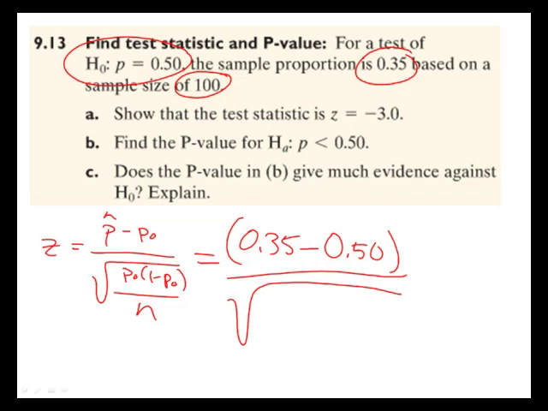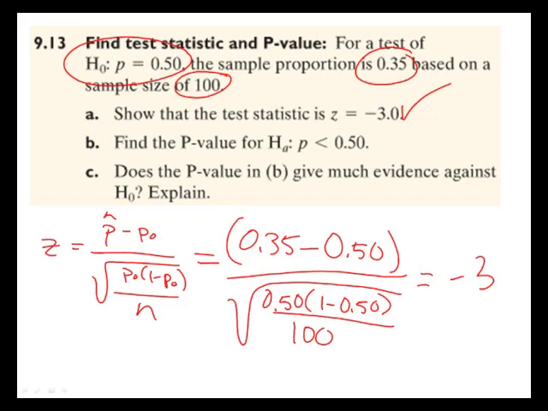P0 again, or minus 0.50, all over 100. And what's that going to give you? -3, yay!